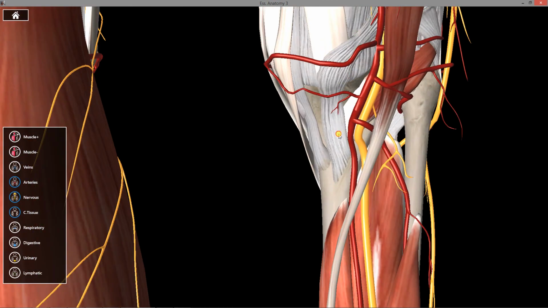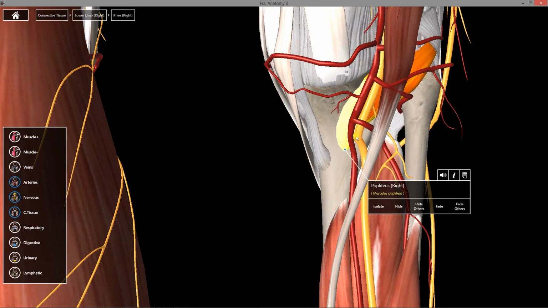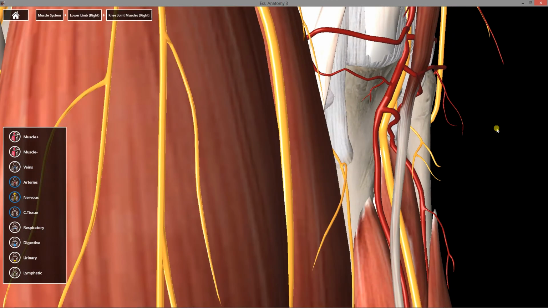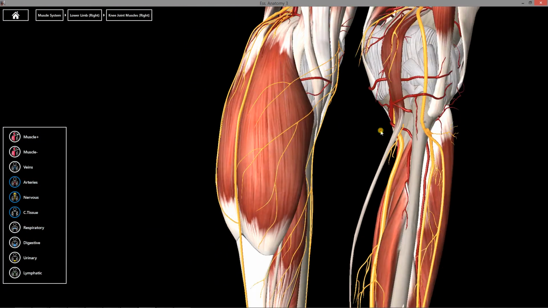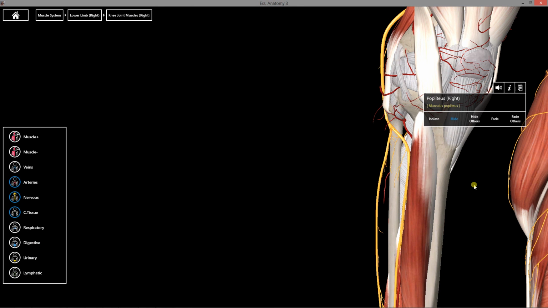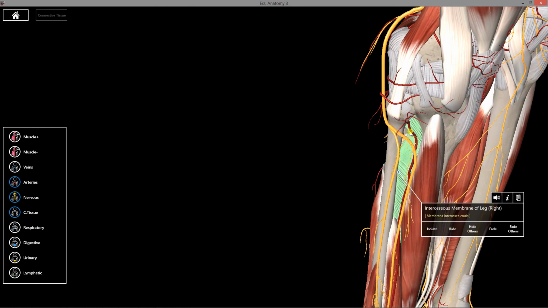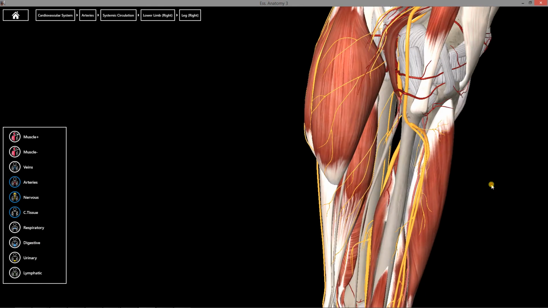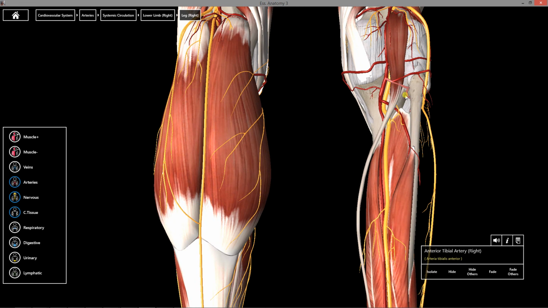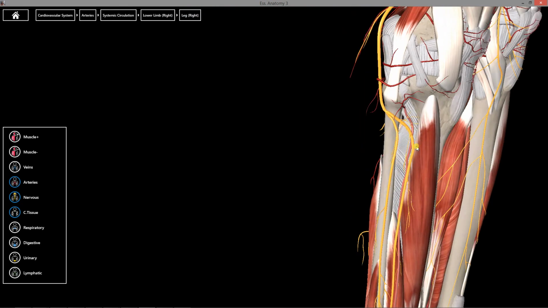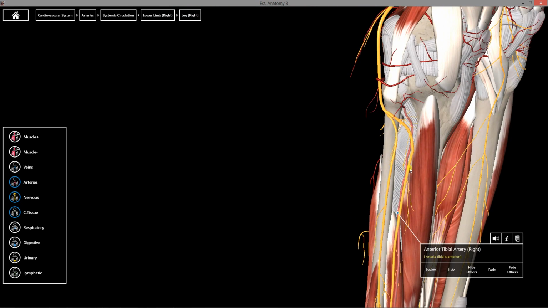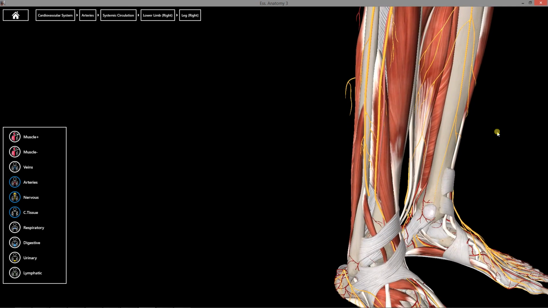Wonder if I'll be able to find that for us. Here it is. Sorry about that. So here's the anterior, branching off right here, and traveling across the fibula, and coming down and moving along the interosseous membrane.